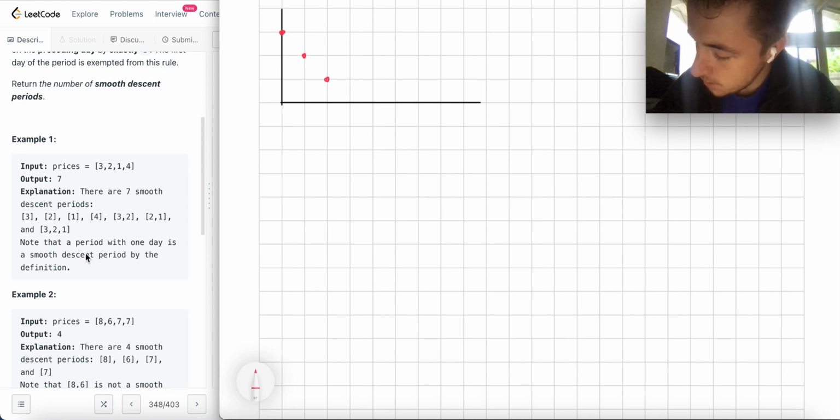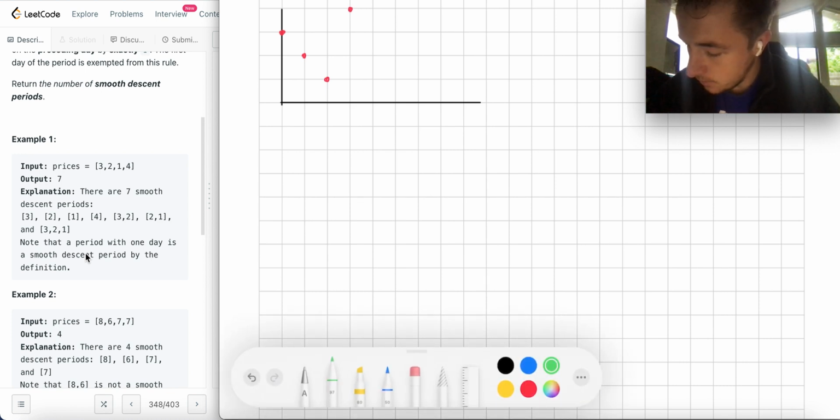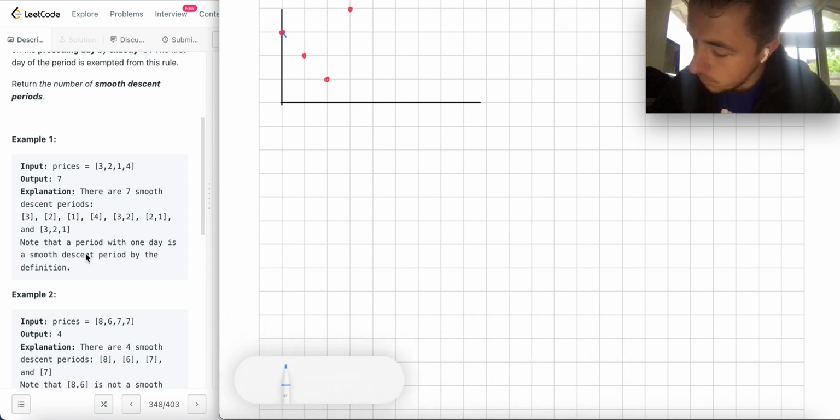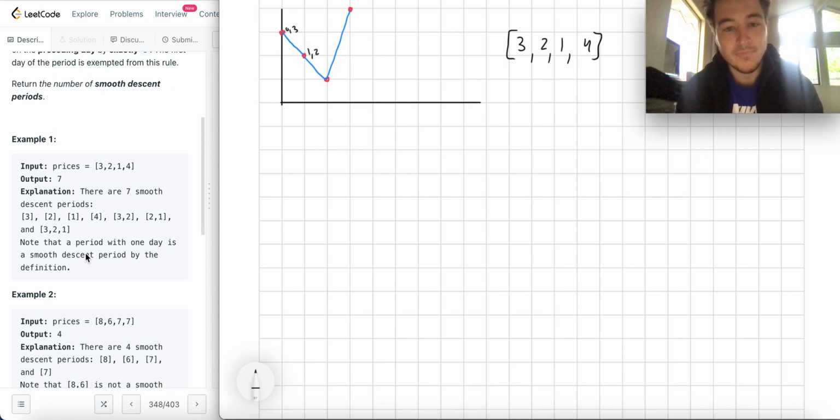And then it shoots up, rebounds to price 4. So if we connect this, let's also look at it as an array. So we have 3, 2, 1, and 4, with indices 0, 1, 2, 3.